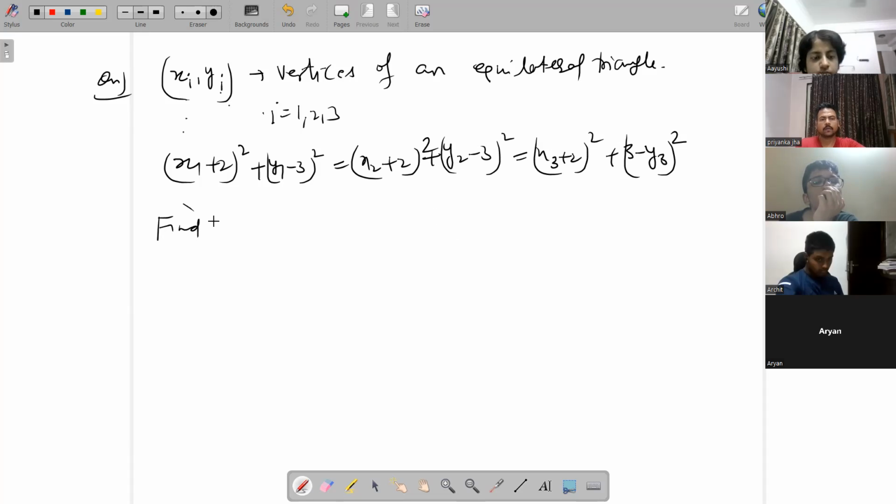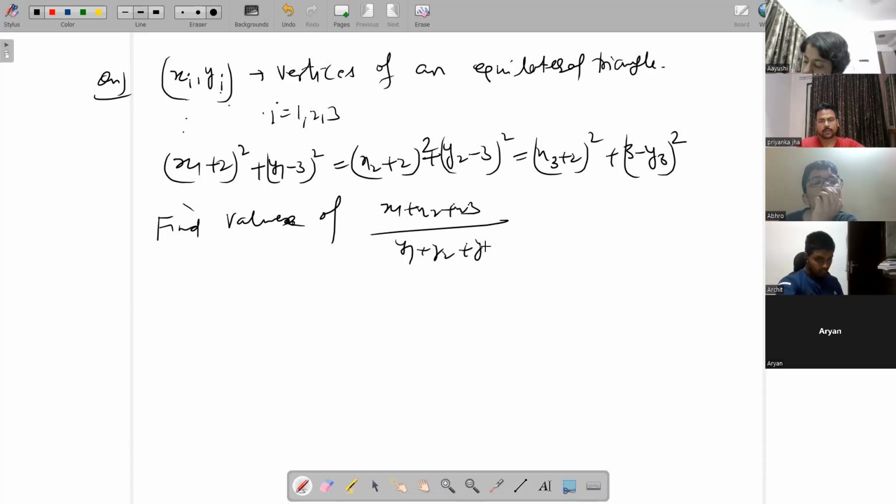Find the value of x1 plus x2 plus x3 upon y1 plus y2 plus y3.